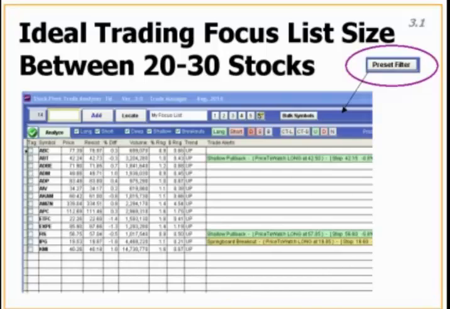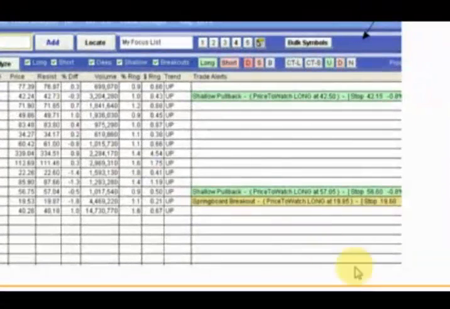You might want to sort out all the stocks that really don't have a big range because you're not going to get a lot of movement out of those. If you're going to trade to the long side, you might want to just eliminate all the stocks in a downtrend. Okay, let's zoom in here a little bit. You can kind of see what I'm talking about.